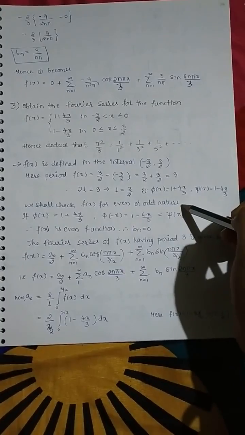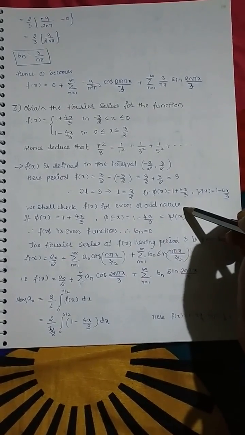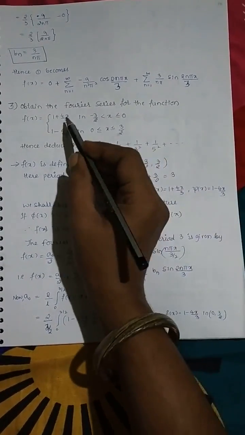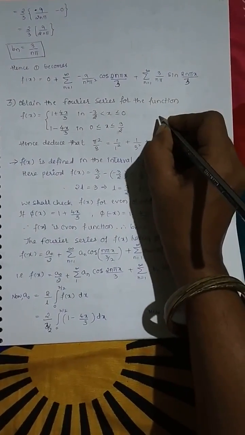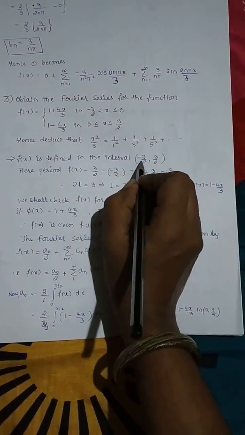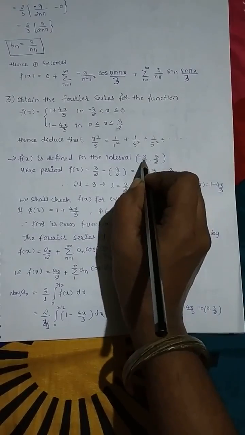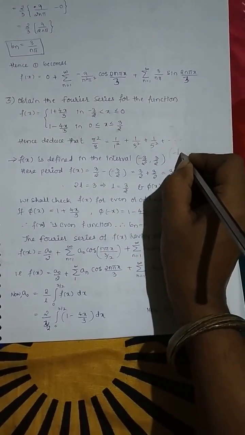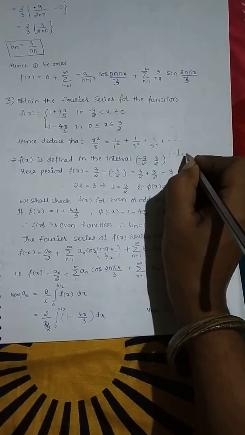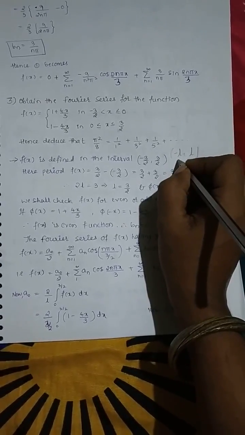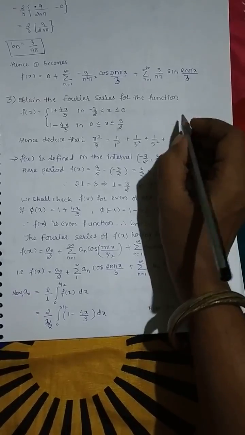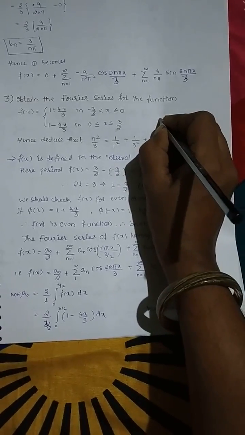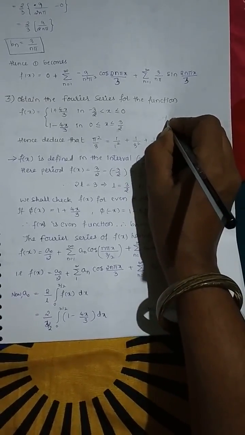To check the nature of the given function, here you can see two functions are there, and the interval is minus 3 by 2 to 3 by 2, which means the interval is minus L comma L. Here we need to check the function for minus x.